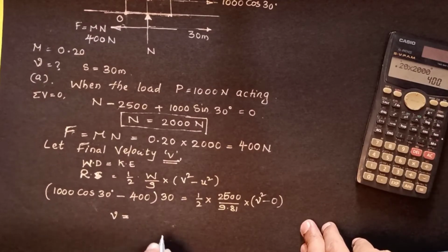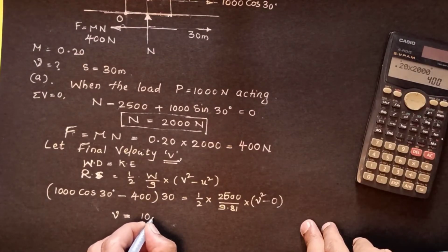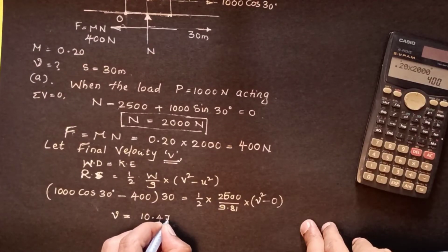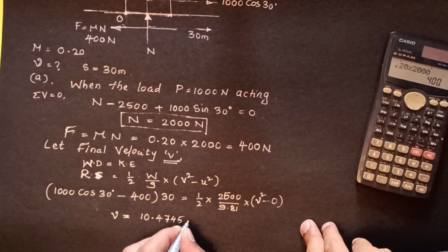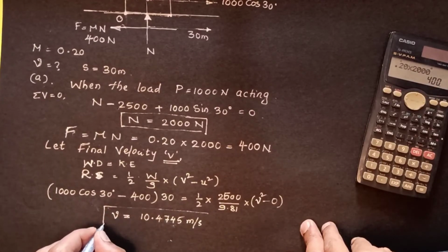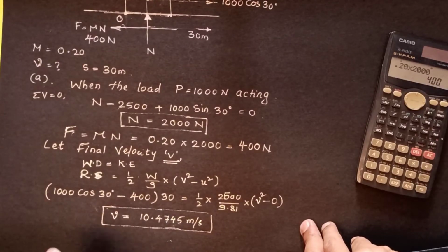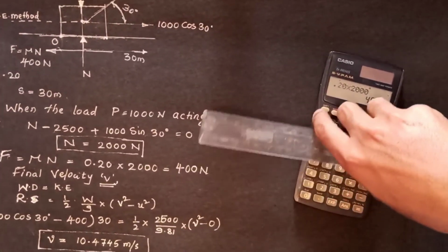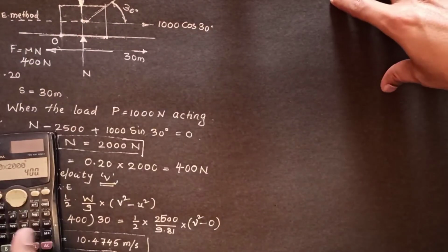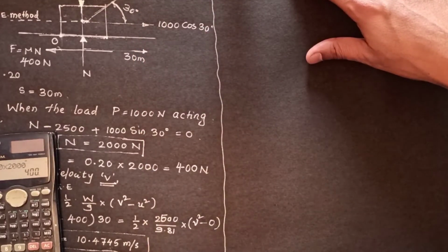From the simplification of this equation you will get the value of v. So I obtained v as 10.4745 meter per second. This is the velocity value. Later we will go on to consider the absence of the load 1000 Newton.